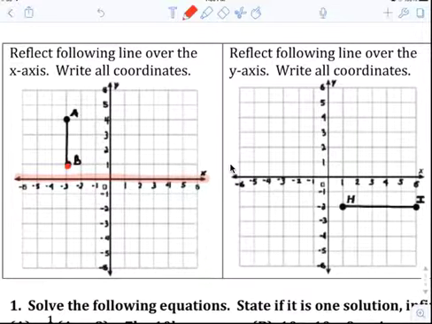So B is 1 away, so its reflection is B prime, 1 away. A is 1, 2, 3, 4 away, so I'm going to count 1, 2, 3, 4 away right there, and that's A prime.